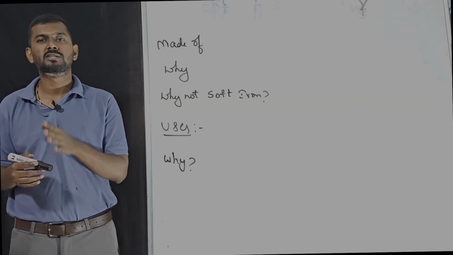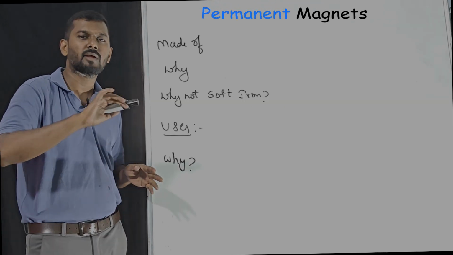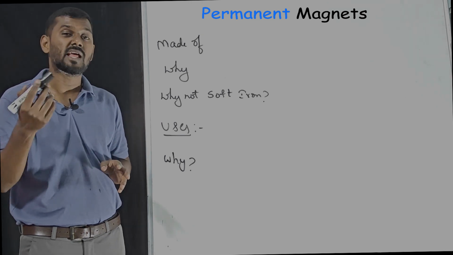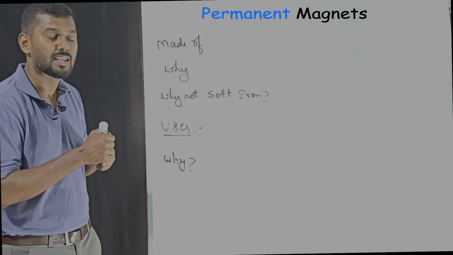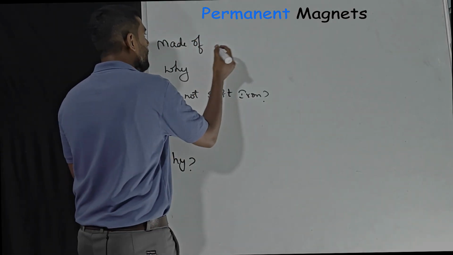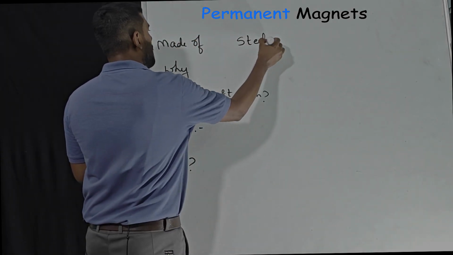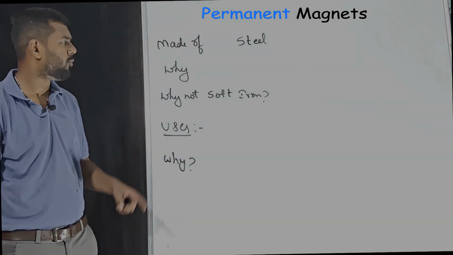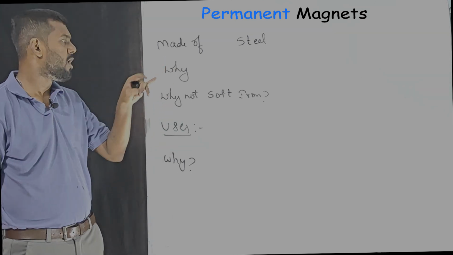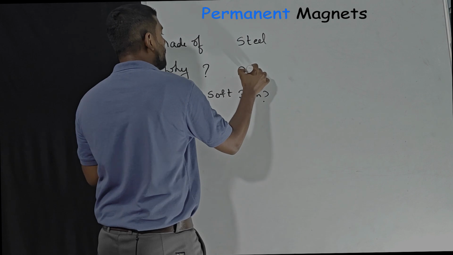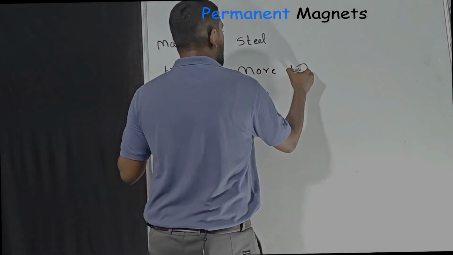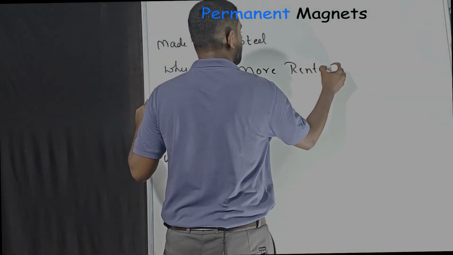Now we'll know a few things about permanent magnets. Most of the permanent magnets are naturally occurring. If you are making it, we are using steel. So permanent magnets are made up of steel. So why steel? Why not other materials? Because it has more retentive property.